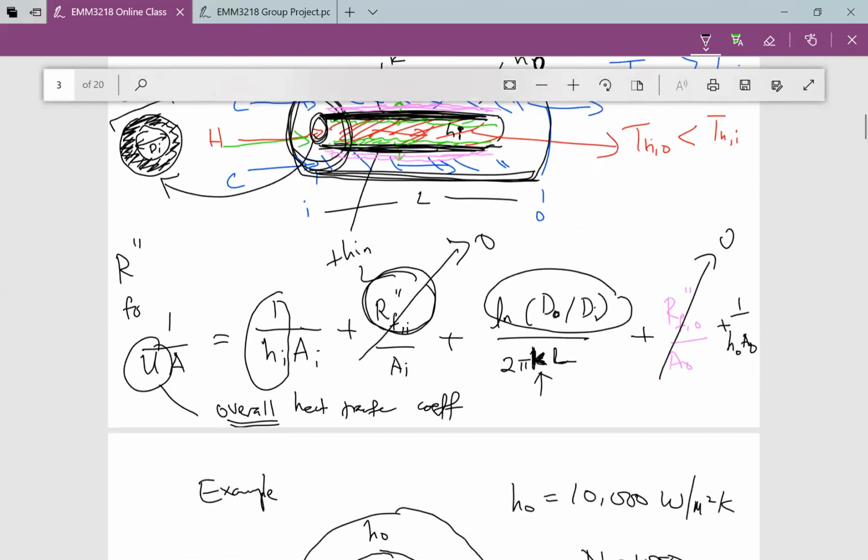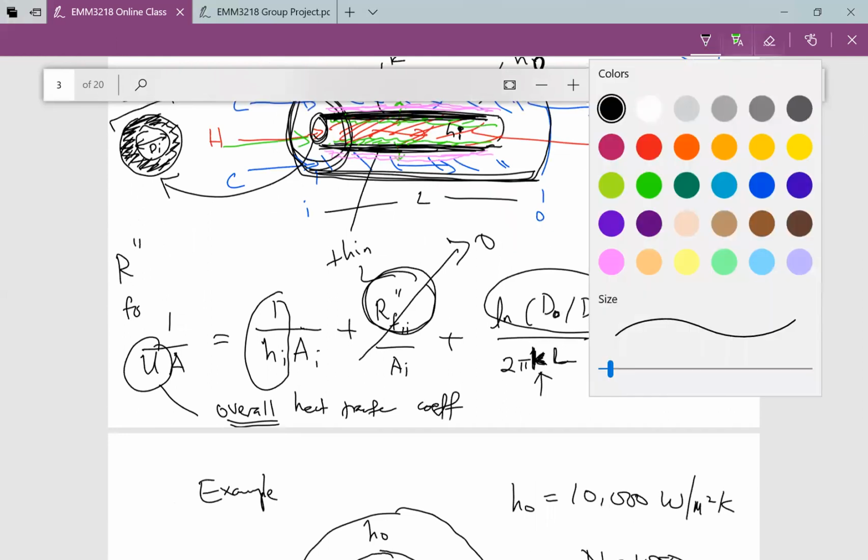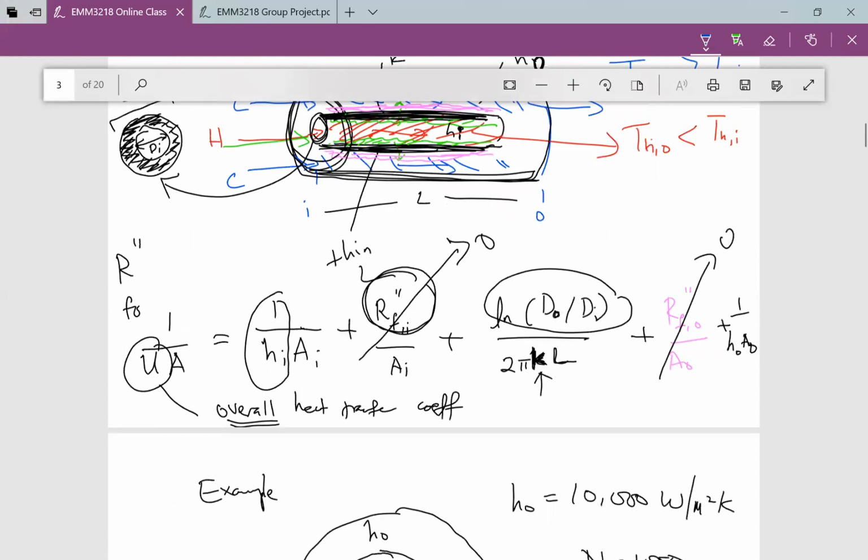What does that mean? When we have this equation, you notice that the left term is U that you want, the overall heat transfer coefficient, and then it's multiplied by A. So the question is, what is this A? Is it AI or AO? A inner or A outer, right? Because you have two kinds of area, AI and A outer.